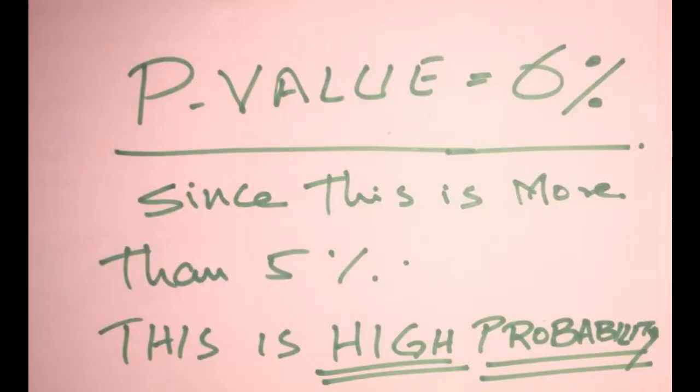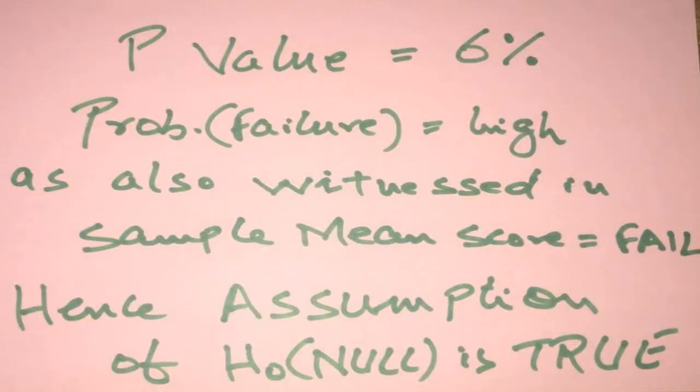So we get a high probability that under the assumption people will pass, some people will fail. So the probability is that people will fail. We got a sample mean which is fail and is also aligned with the university results. Now, that means you don't have to do anything in the process.